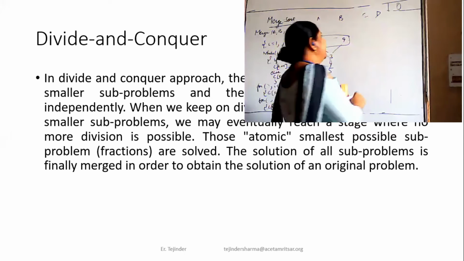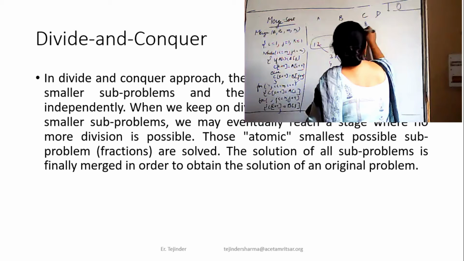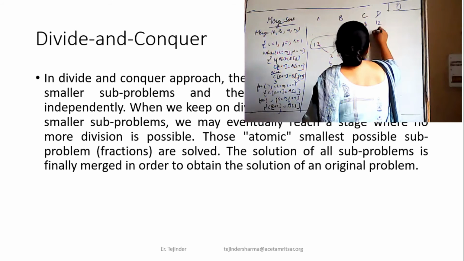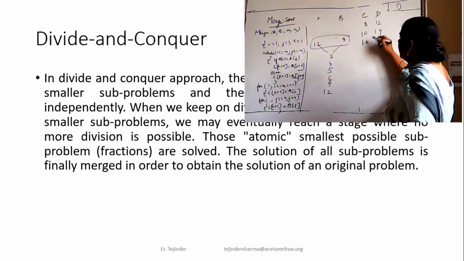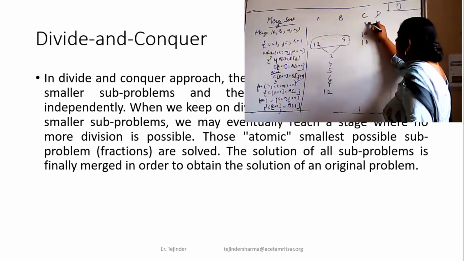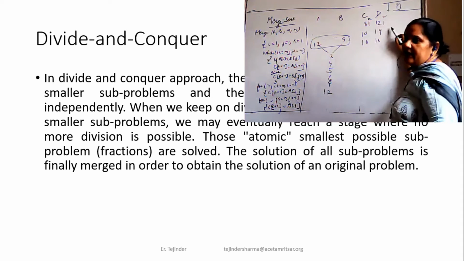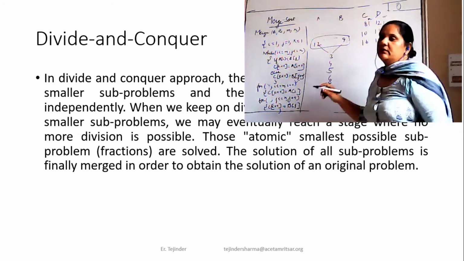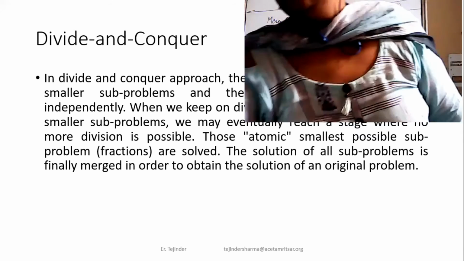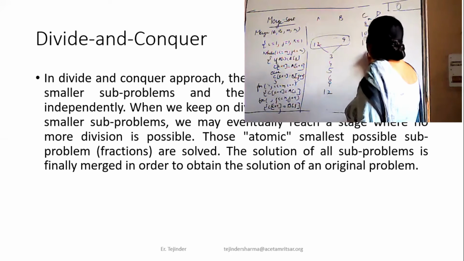Okay. Now for C and D, let's do the same thing. Apply this algorithm here. While I is less than or equal to M, that means it is equal to 3, and J is less than or equal to N. Now this is 1, this is 1, meaning both the arrays are of the same length, that is 3 and 3 respectively. Then compare 8 with 12.